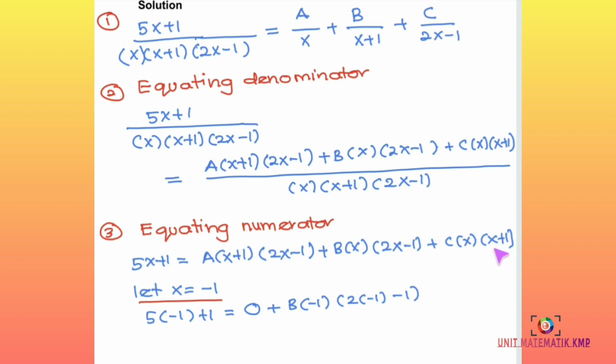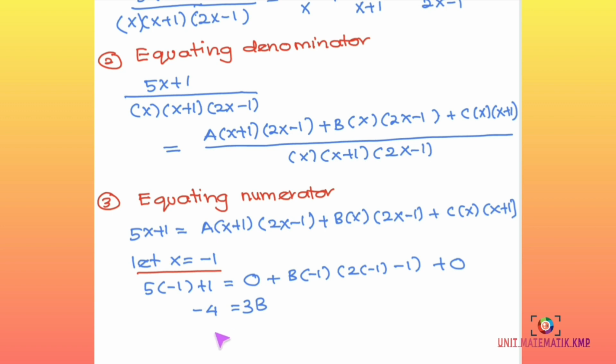For c, if we substitute x with negative 1, here we have 0, so plus 0. Simplify, we have negative 5 plus 1, which is negative 4, equal to 3b, right? So we can find the value of b. What is b? b is equal to negative 4 over 3.